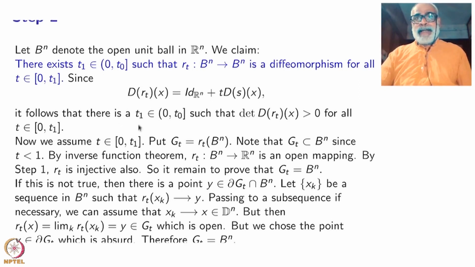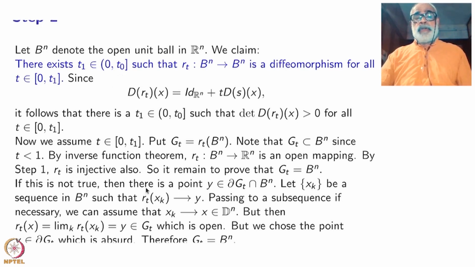(1 minus t) times x plus t times S of x, that is the formula, you have to use that. By the inverse function theorem, Rt from Bn to Rn is an open mapping. This is very important here. It's an open mapping into the whole of Rn. By step 1, Rt is injective also, because now we are taking T1 to be less than T naught.